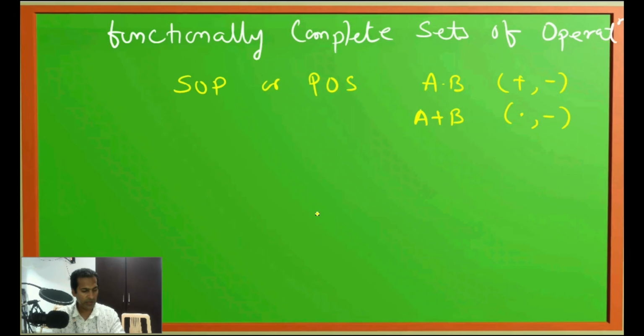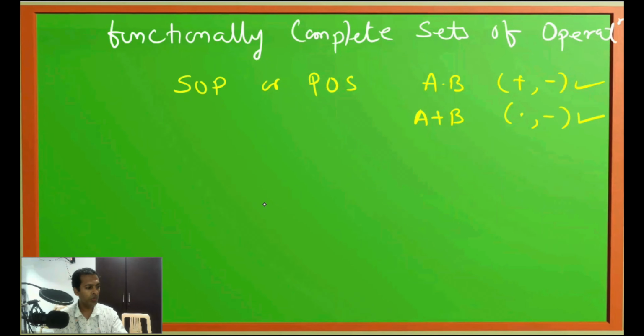Now these sets each comprising two operators only are said to be functionally complete sets. Again, if we are using NAND operator or NOR operator, it is possible to produce all the Boolean operations. Hence each one of them forms a functionally complete single element set. So NAND and NOR also we can say.